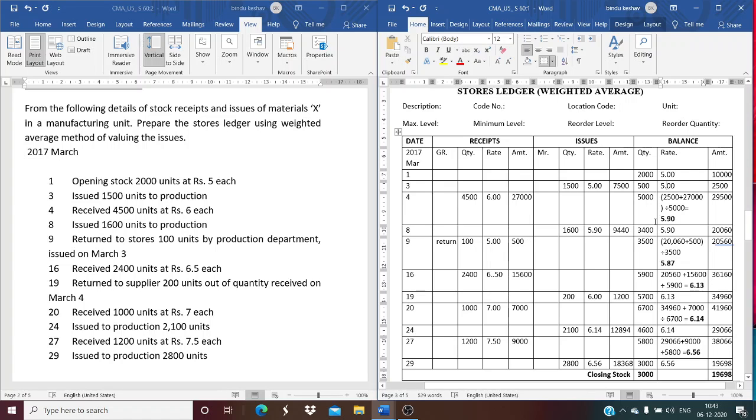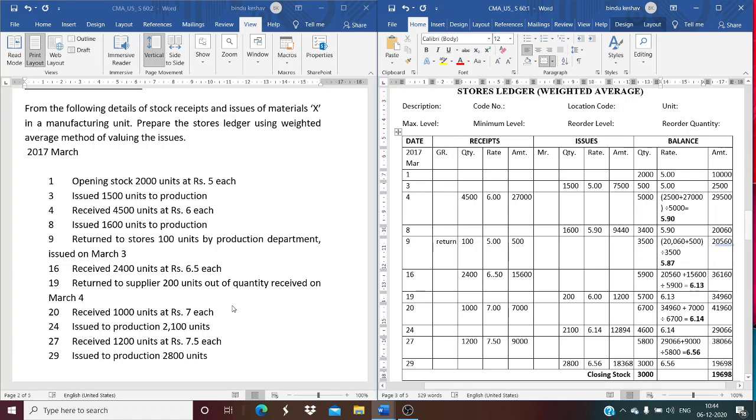Now the balance quantity will be 3400 was the earlier quantity of materials. Now 3400 plus 100, we have 3500, and the weighted average price has to be calculated because there is a receipt of materials. So 20,060 plus 500 divided by the quantity of materials in stock, that is 3500. So it is 5.87.